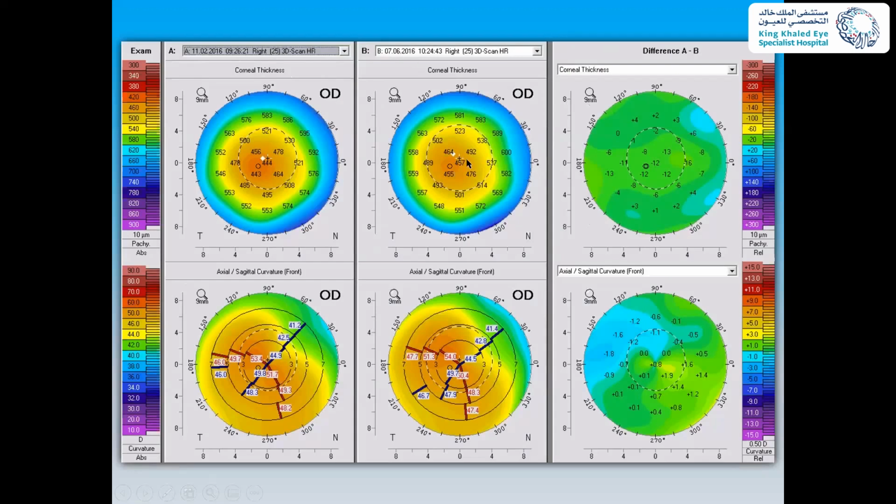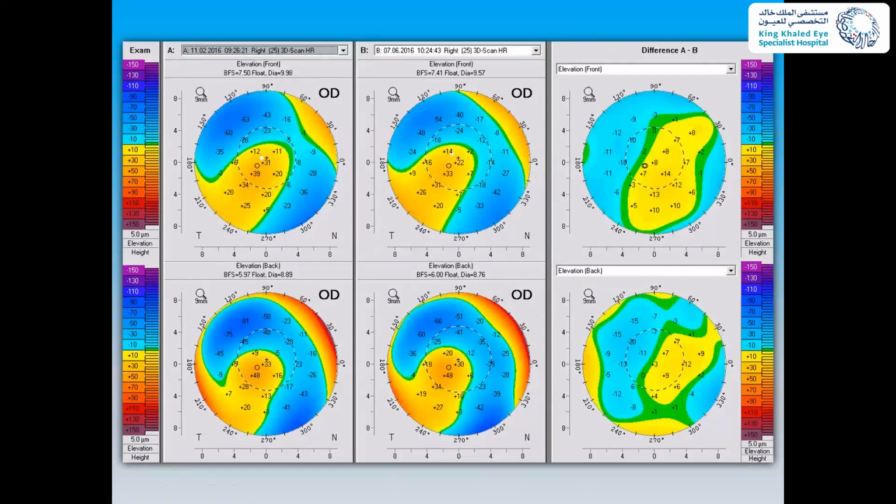So not much difference between the 2. Similarly, you can look at the front elevation and back elevation, and you can see the difference is only 3 or 8. 8 is a bit suspicious here. So it has gone from 31 to 39.